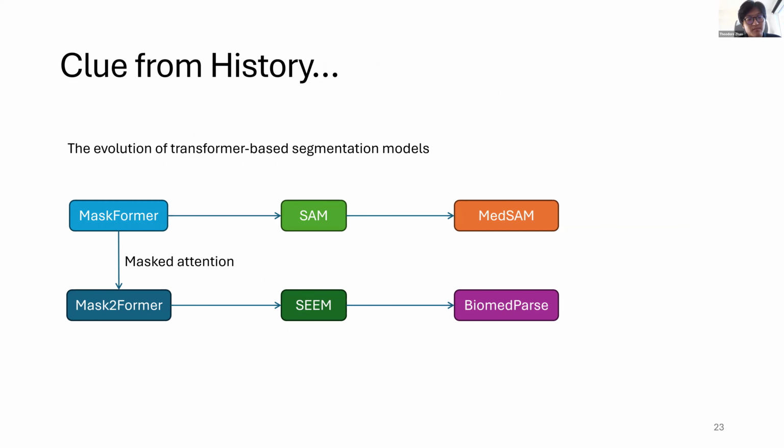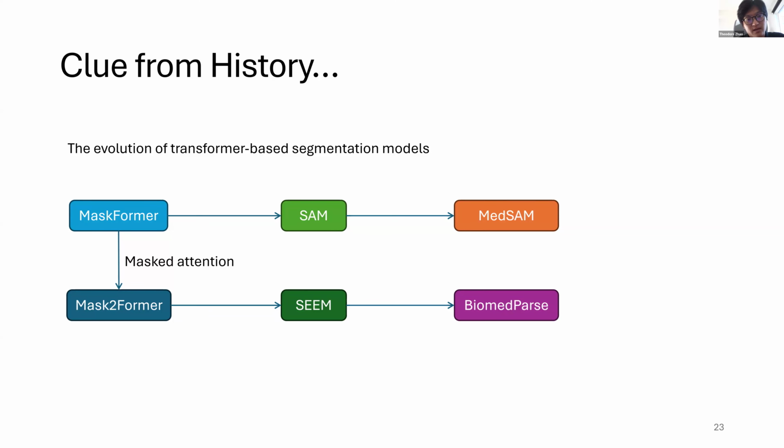One way to solve this problem is to find clues from history. Here is a very simple overview of the evolution of transformer-based segmentation models. Initially, there were MaskFormer and Mask2Former, which added mask attention in the transformer decoder. These two models evolved along parallel lines into the promptable segmentation model SAM.